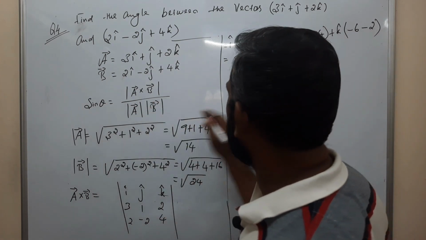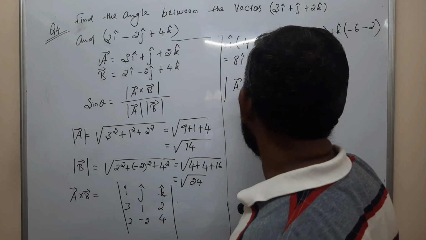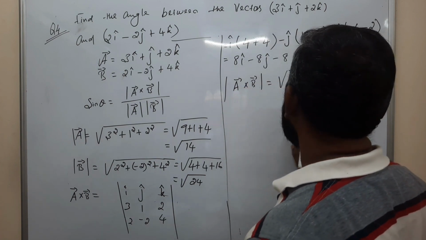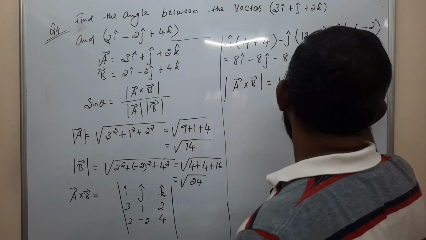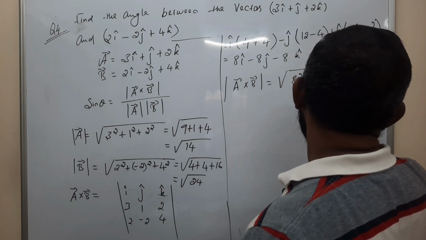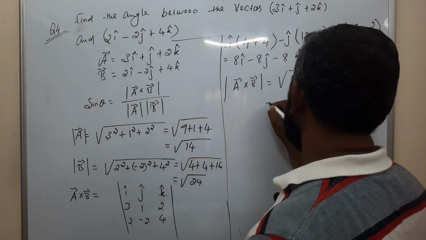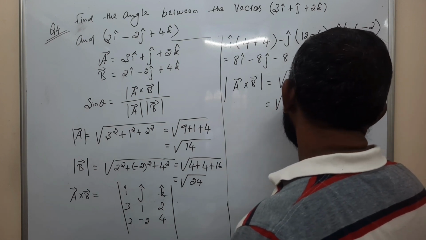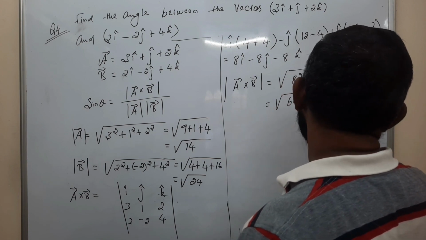So we have to find the mod of a vector cross b vector, which is equal to square root of 8 square plus minus 8 square plus minus 8 square. So that's equal to root of 64 plus 64 plus 64.